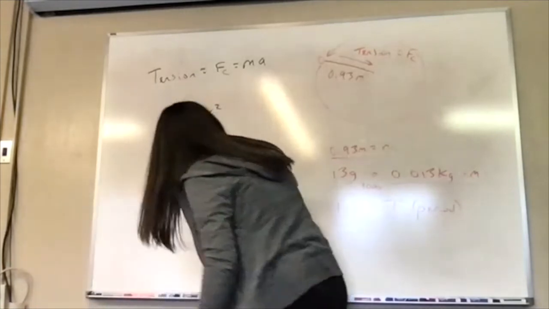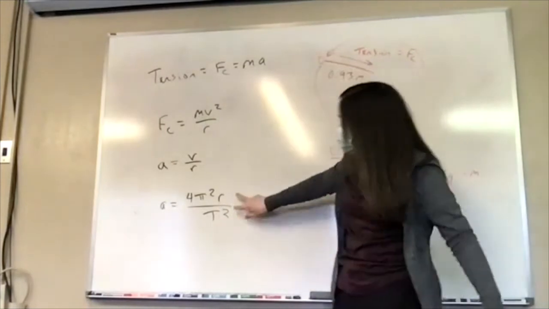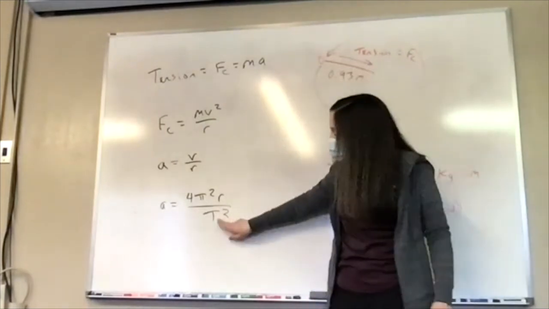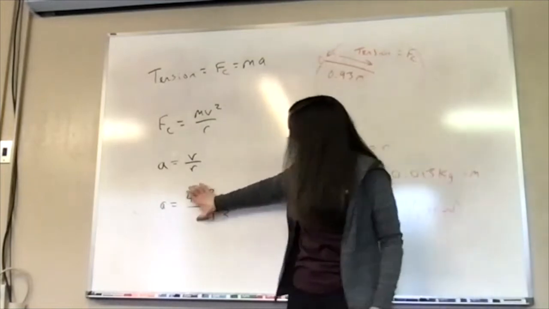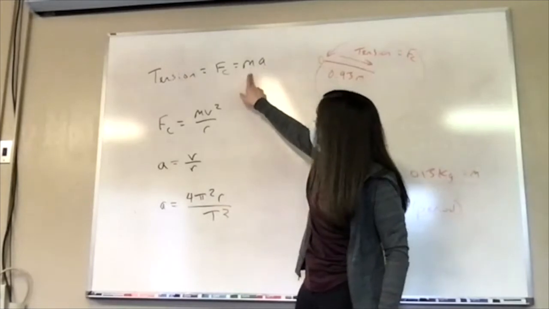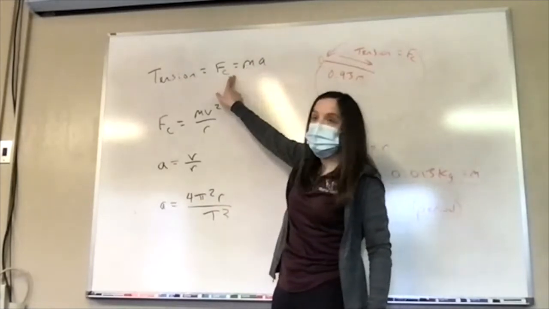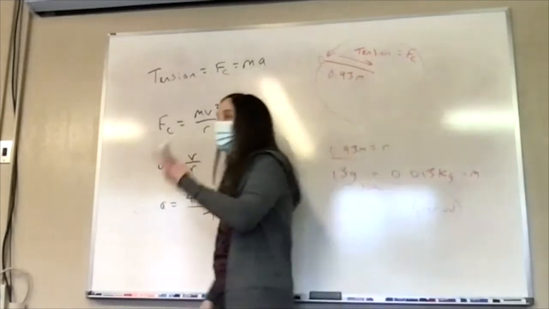Oh, okay, good. I always forget which one's square in that one. So for this one right here, we do know t and we know r. So what we could do is use this equation right here and then multiply it times mass, and that gives centripetal force. So that's two ways we could go about it. Either of those would work.